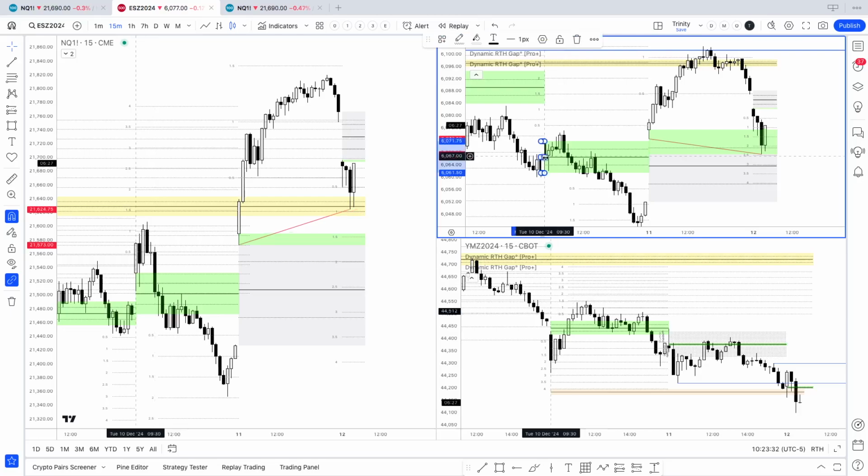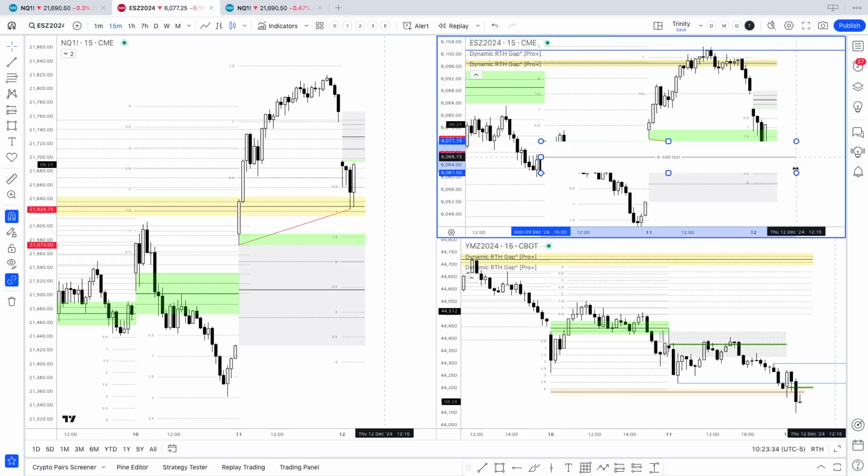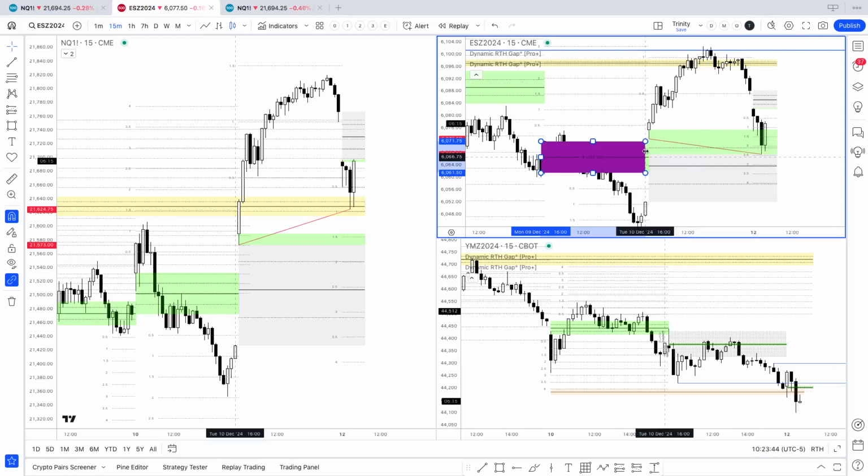So we shouldn't be trading here below. Because Nasdaq is stronger, we can anticipate that we are not going to completely retrace into yesterday's regular trading hours gap. And now we are taking the buy side liquidity from the guys who shorted the opening. You see?